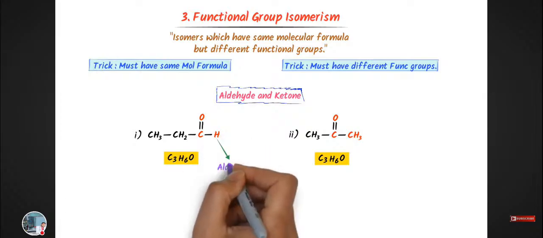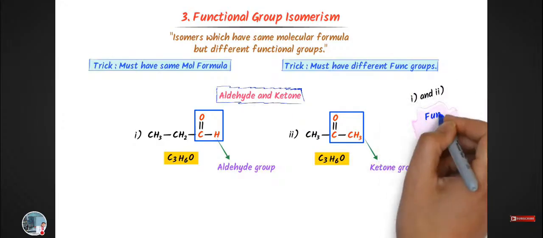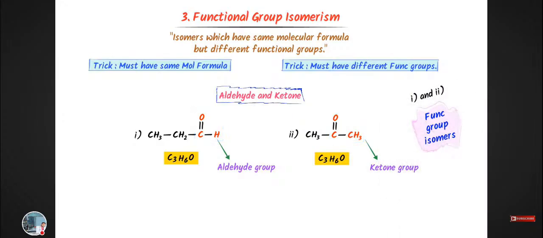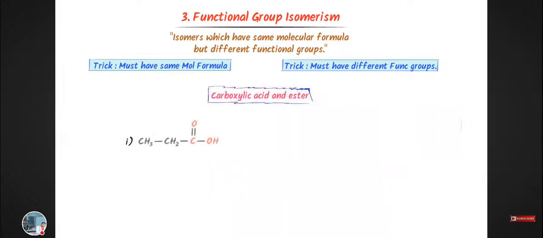Secondly, the functional group of aldehyde is CHO and that of ketone is COCH3. They both have different functional groups. Thus, this aldehyde and this ketone are functional group isomers of each other. Now consider carboxylic acid group and ester functional group.